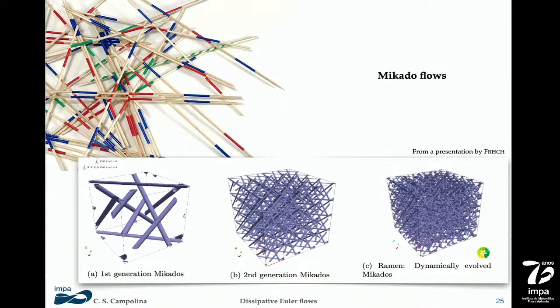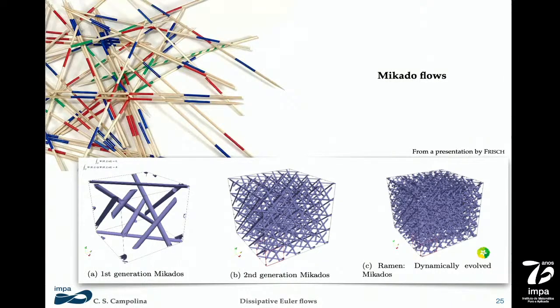And these are the Mikado flows. I'll just show, not the formulation, but the picture. And this name comes from this game, which in Portuguese we say pega vareta, right? I don't know if in Japan it's also called Mikado.